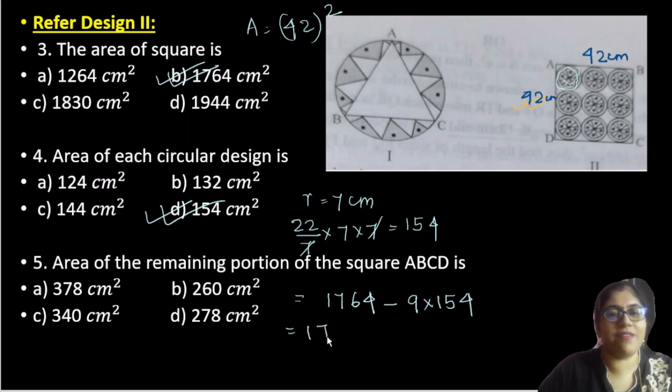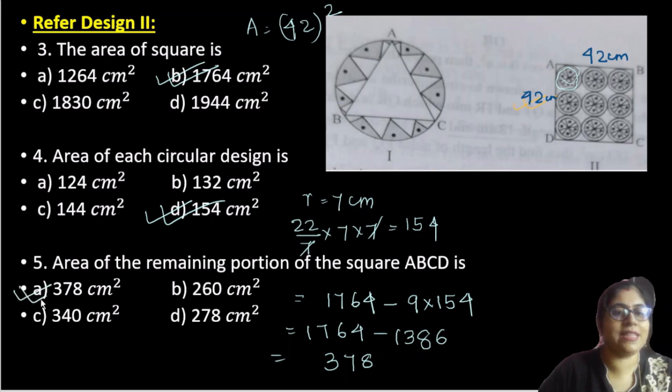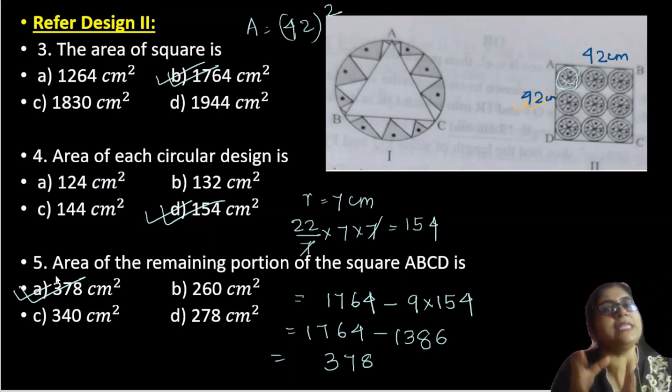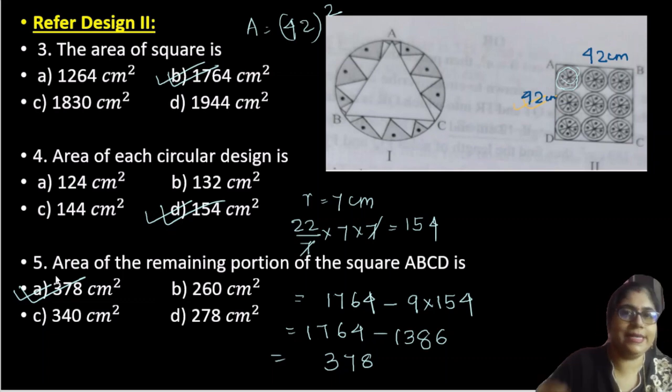This is equal to 1764 minus 9 into 154, which is 1386. 1764 minus 1386 is 378. So option A, 378 centimeter square, is the area of the remaining portion. That means area of total square minus area of 9 small circular designs.